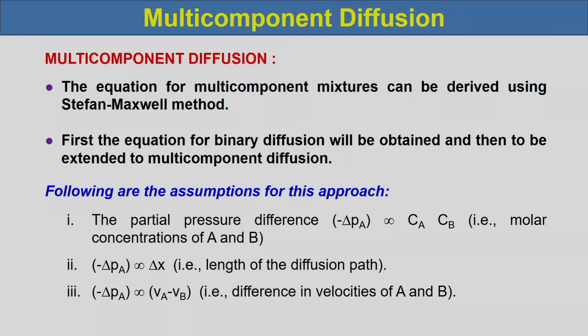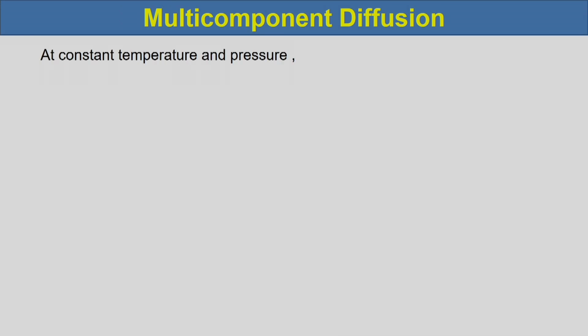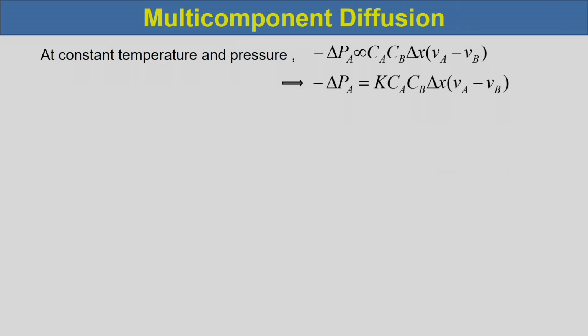From these assumptions, at constant temperature and pressure, we can write minus delta Pa is proportional to Ca into Cb into delta x into Va minus Vb. If we equate these with a proportionality constant k, minus delta Pa is equal to k into Ca into Cb into delta x into Va minus Vb.